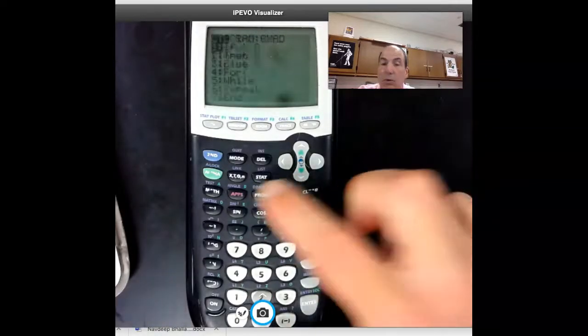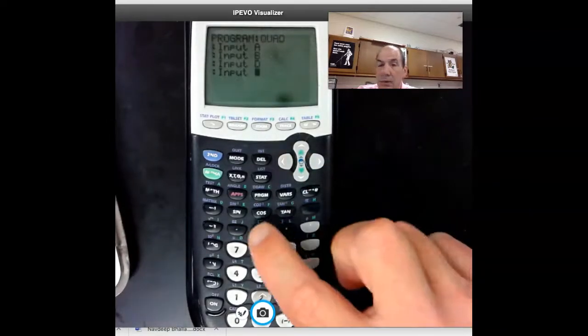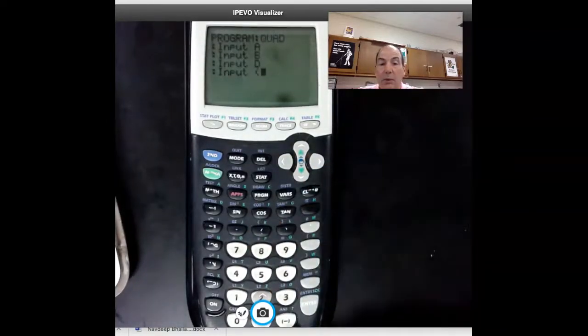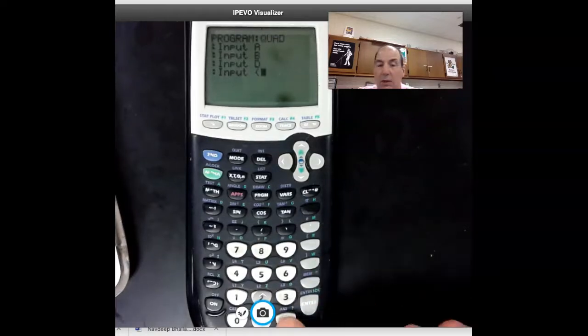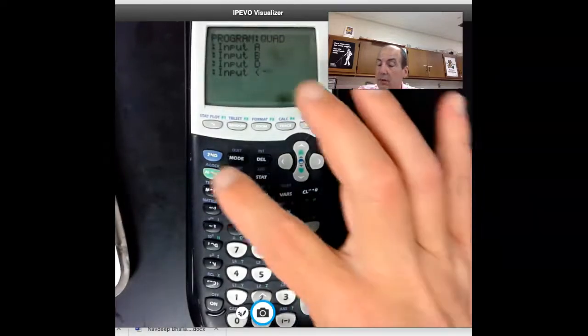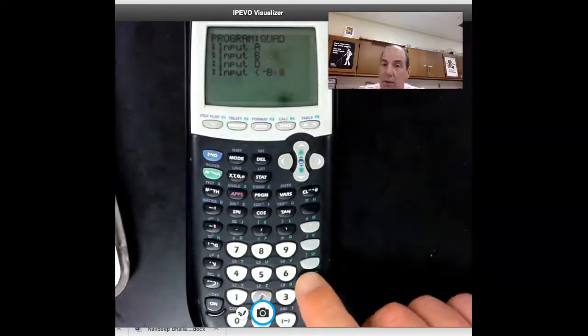Okay, so we're going to go back to program IO. Okay, and so we're going to first go with parentheses. Now we want to use the negative, not the minus key yet, which is very hard to see on this calculator. All right, so negative alpha B plus or minus. Well, we're just going to do plus this first time.